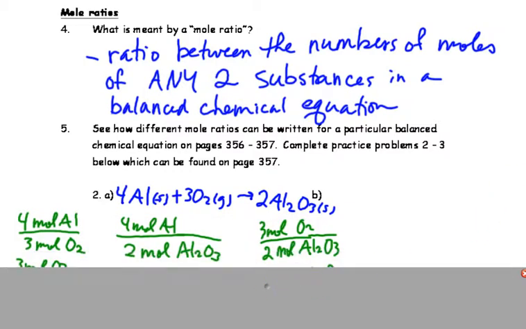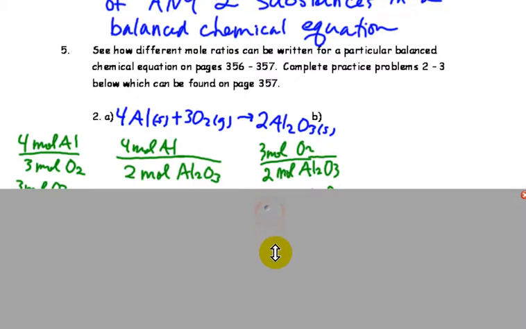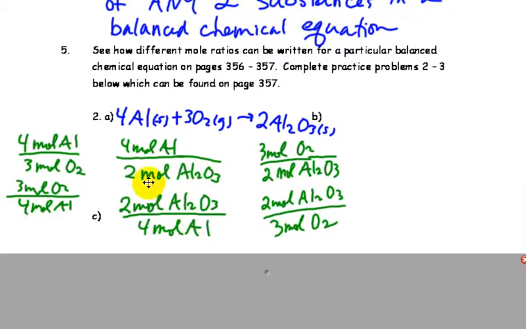So all the possible relationships we can get from this, all the mole ratios, we can relate Al to O2, 4 moles of Al over 3 moles of O2, or vice versa, 3 moles of O2 related to 4 moles of Al. That is referred to as a mole ratio, and it'll be very important in the coming booklets.